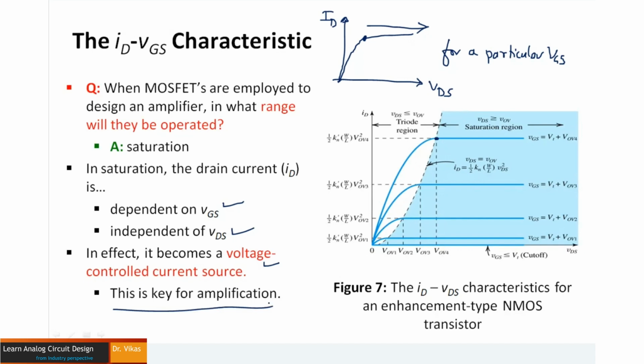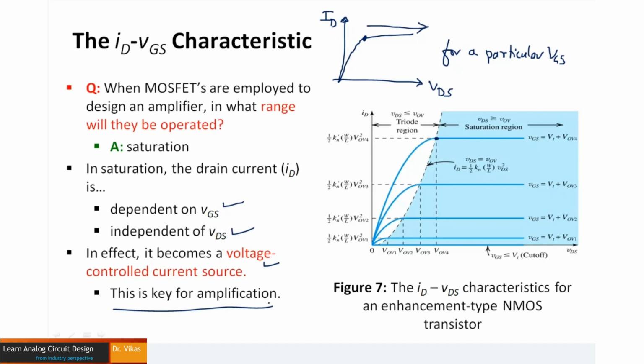So when my MOSFET behaves as a current source in the saturation region for a fixed value of VGS, I can make use of this MOSFET as an amplifier in the saturation region of operation. And that's how one of the major applications of the MOSFET comes into the picture in the saturation region, which is my amplification process.